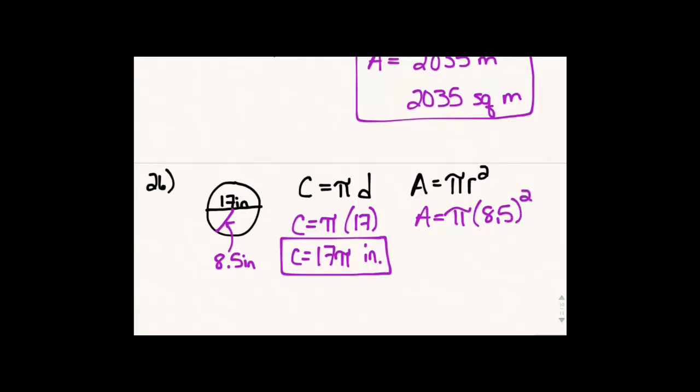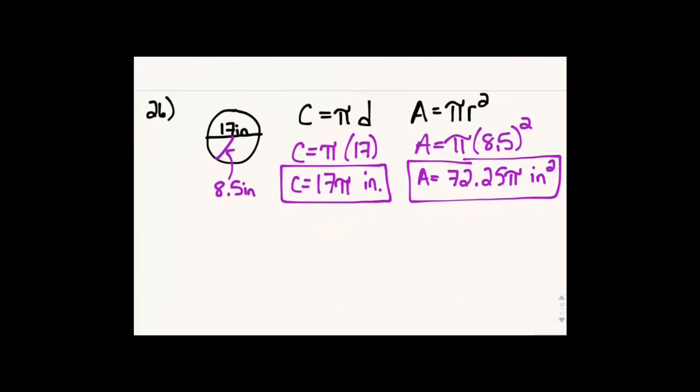So we have to square 8.5. And that gives us 72.25 pi square inches is our area. Now remember, we leave the pi because they said exact, so we're leaving it exact. If they had said approximate, we would approximate, which is what we're doing on the next one.